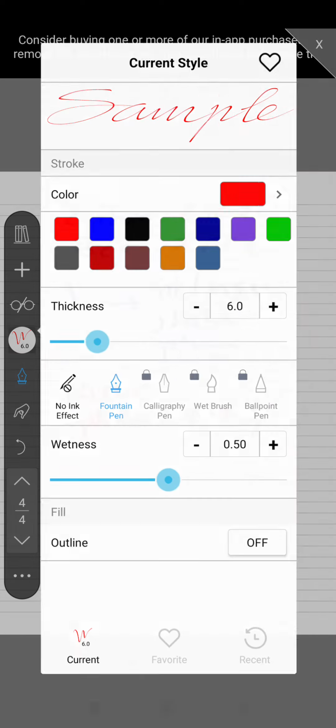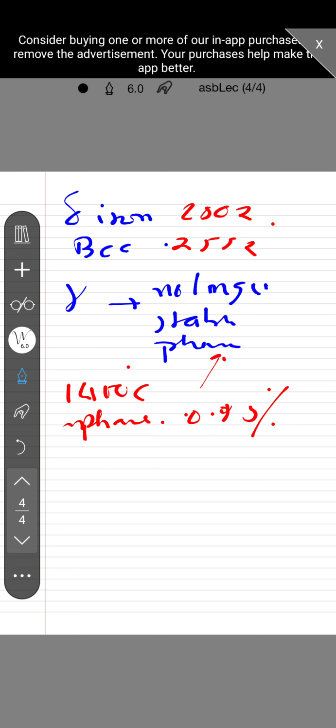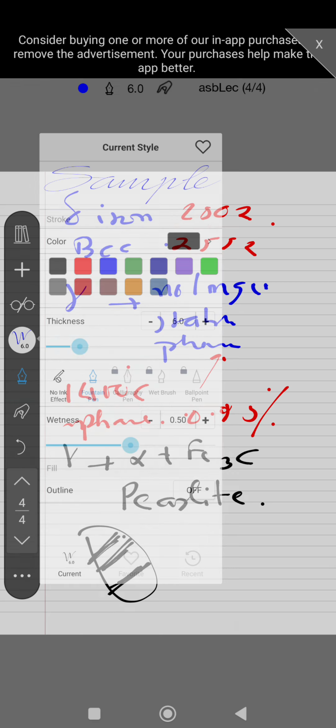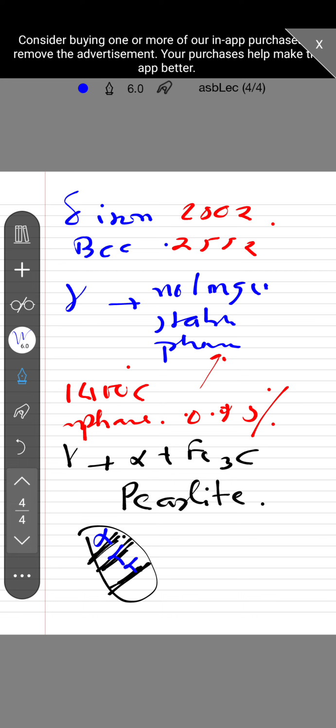The eutectoid transformation brought austenite to alpha plus Fe3C, where these phases coexist. It is called pearlite. Basically it is a lamellar structure, where the alpha phase coexists with the Fe3C phase.